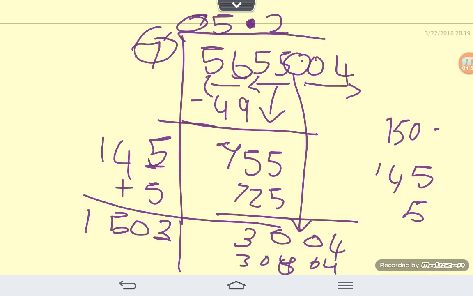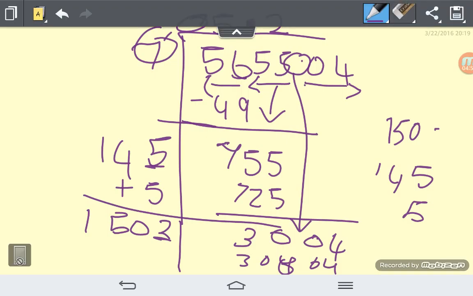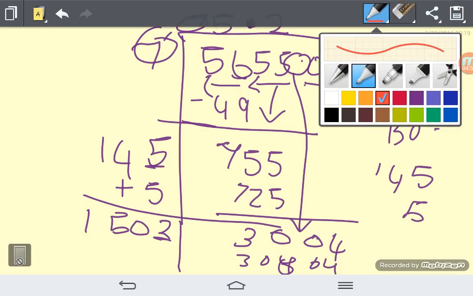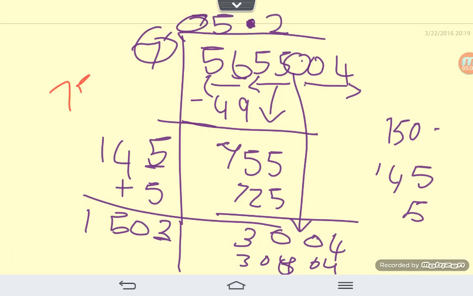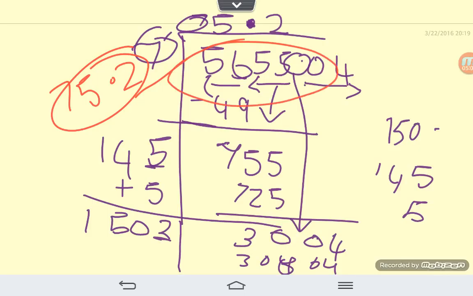Sorry for the scribbly handwriting. So now I've got my current quotient, which is 75.2. This is the square root of 5655.04.